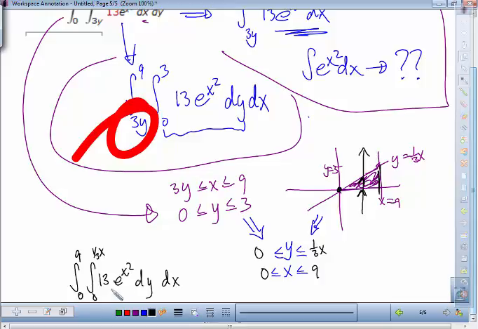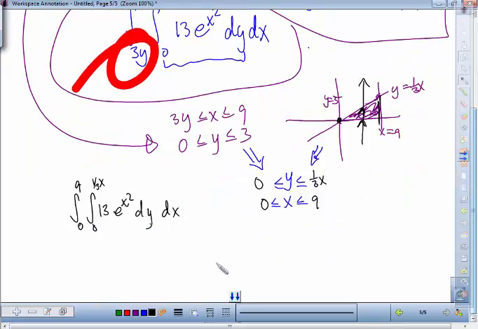Because when you integrate the inside with respect to y, e to the x squared is constant, so you'll have a y come out of there. And then when you finally integrate with respect to x, you're going to be able to use a simple u substitution. Should we do it? All right, let's do it.